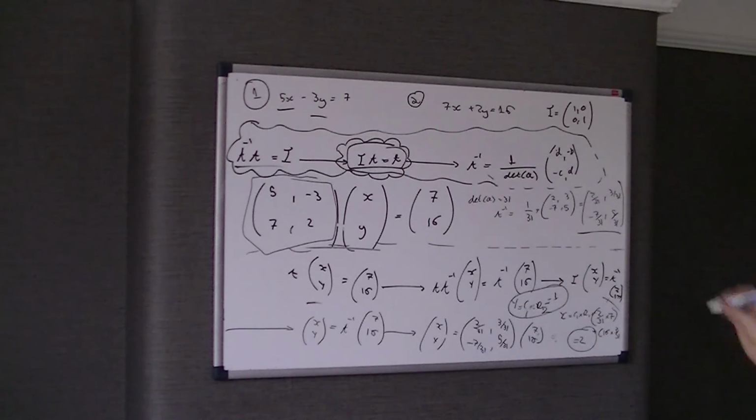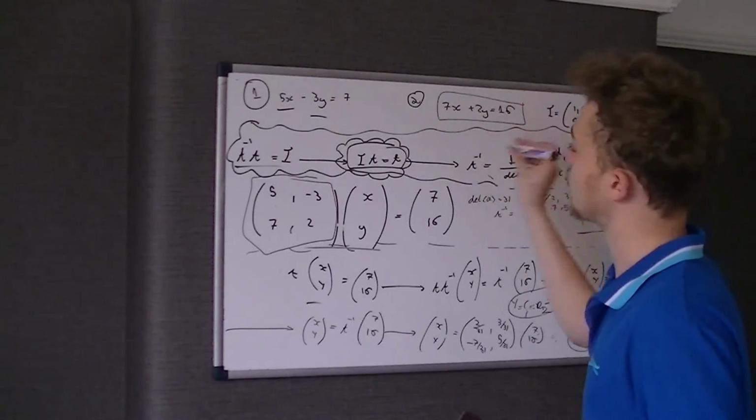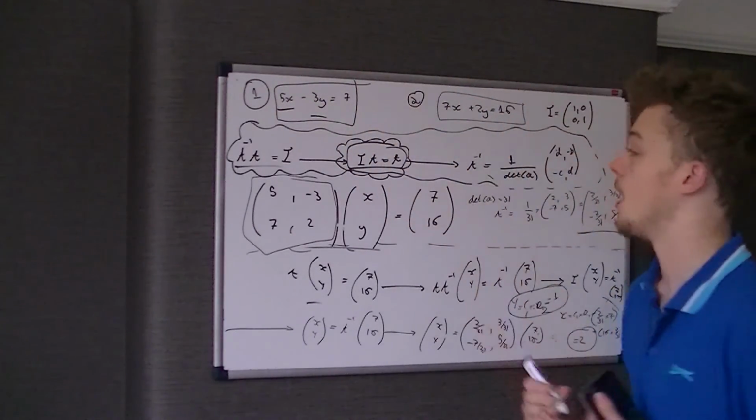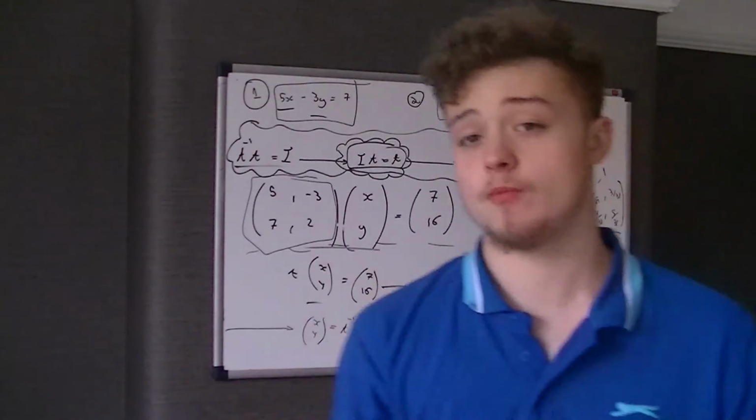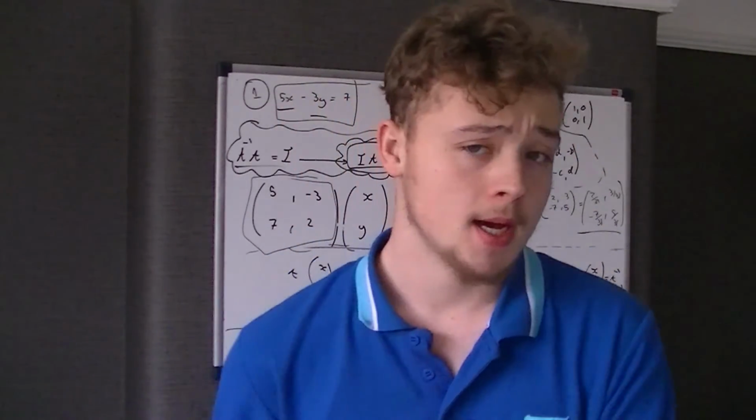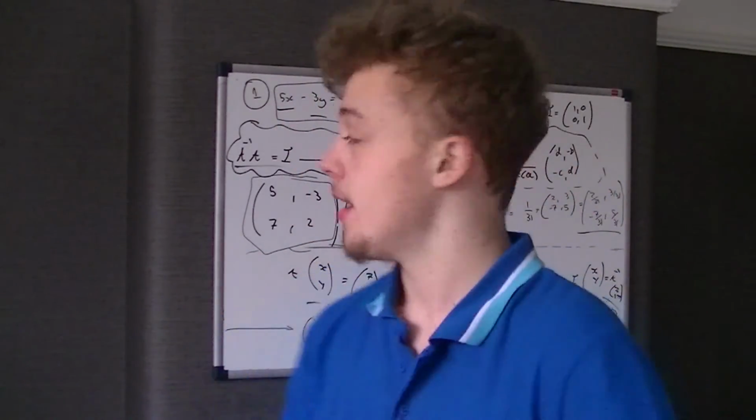Now you could have quite easily just done that by using your standard GCSE rearranging skills of substitution or elimination, or addition of the two, and working out x and y, and you would get the same values. So that's just a tip really to finish off this video, as exciting as it is.